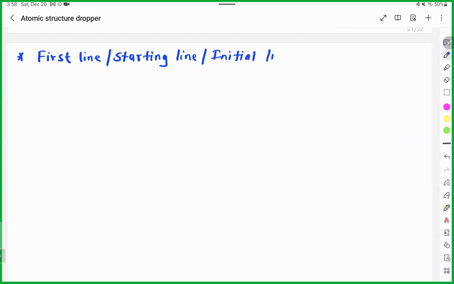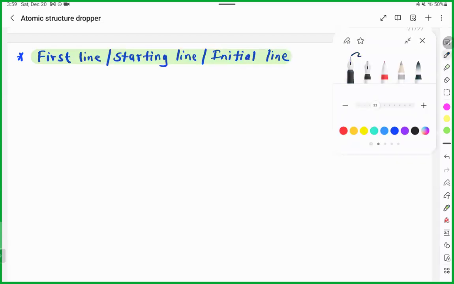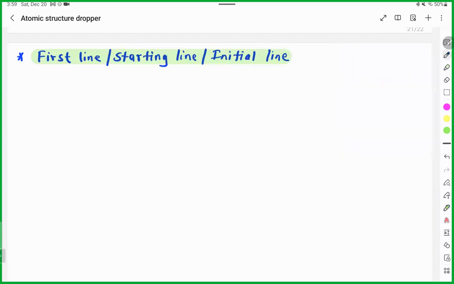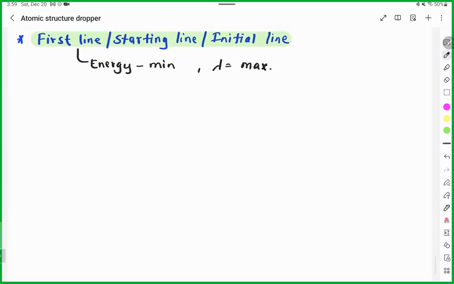When you calculate for the first line, starting line or initial line, different words, remember in this case, energy will be minimum and wavelength will be maximum. Energy will be minimum and wavelength will be maximum. I'll show you. You just keep observing it and later on I'll show you. Okay.